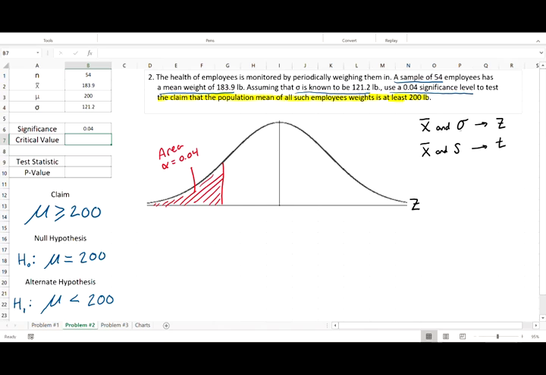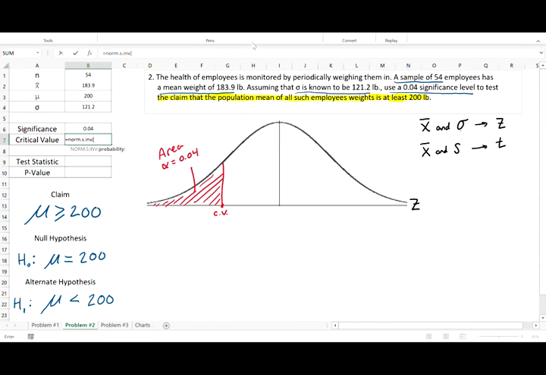Okay, our critical value is this z-score right here. And so we need that z-score that has an area of 0.04 to the left. So that's again equal norm.s.inv, the inverse of the normal distribution function.